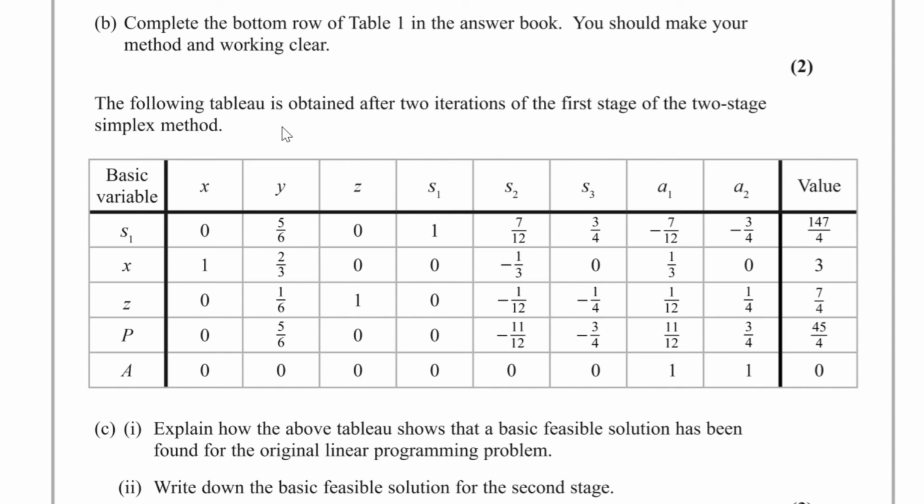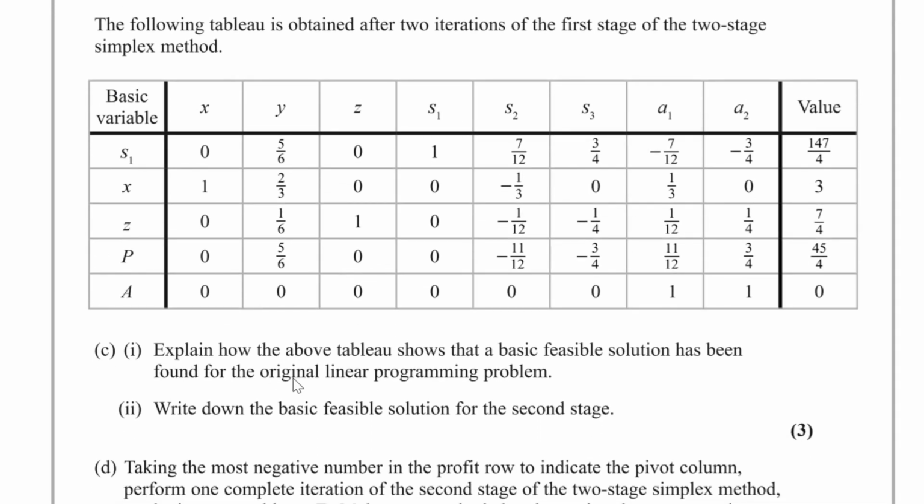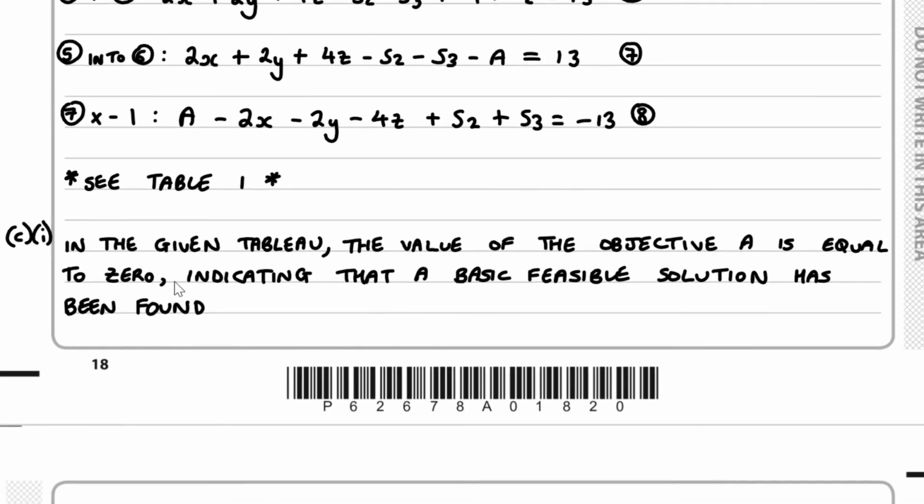Now, the following tableau is obtained after 2 iterations of the first stage of the 2-stage simplex method, and for the first part we have to explain how the above tableau shows that a basic feasible solution has been found for the original linear programming problem. Well, quite simply, in the given tableau, the value of the objective A is equal to 0.